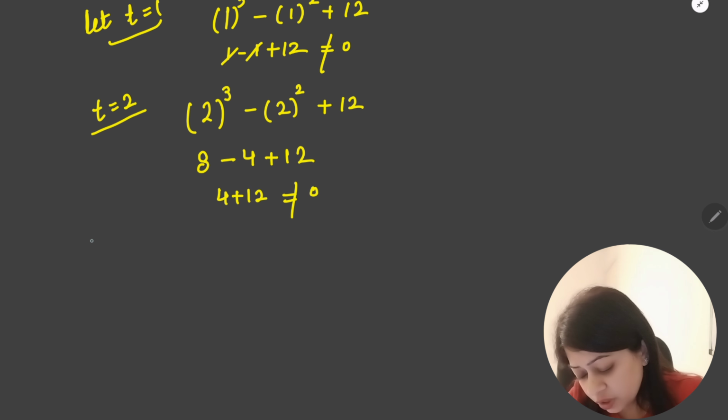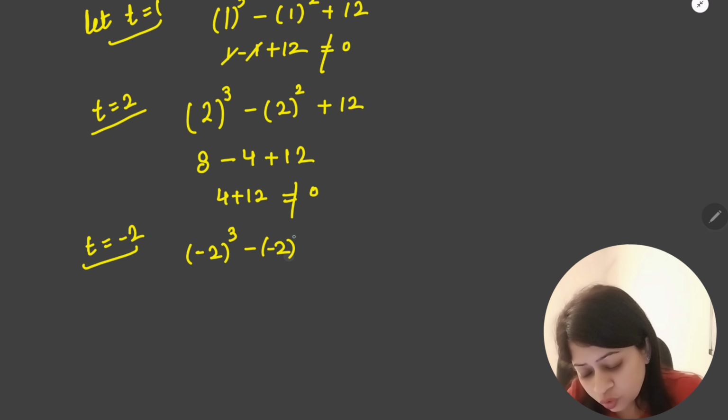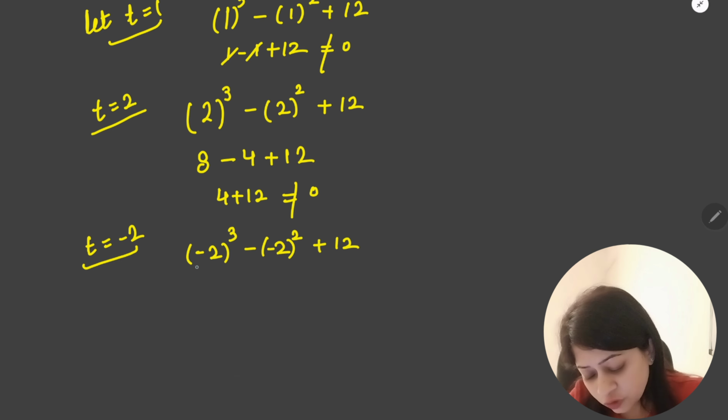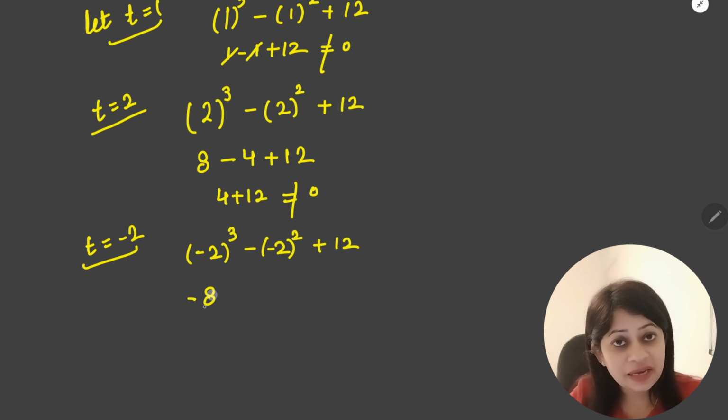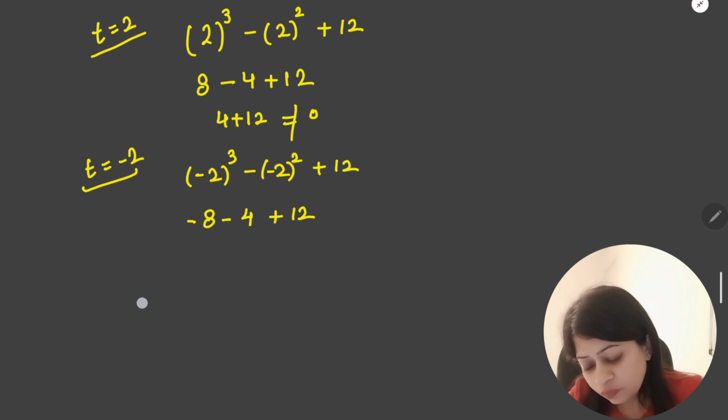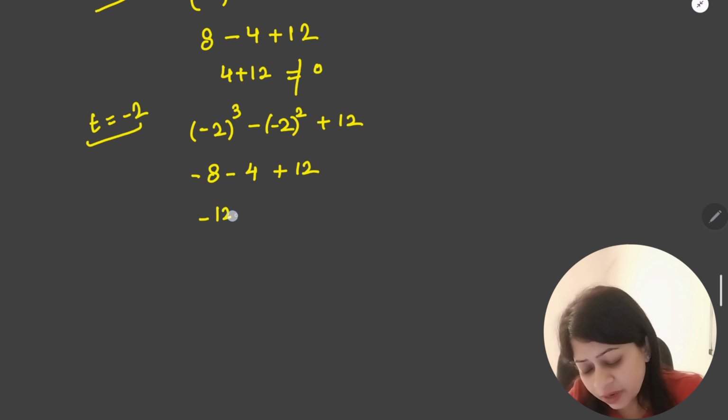Now I will put t is equal to minus 2. We get minus 2 raised to power 3 minus minus 2 square plus 12. Minus 2 raised to power 3 is minus 8. This is minus 4 plus 12. So we got minus 12 plus 12, which is equal to 0.